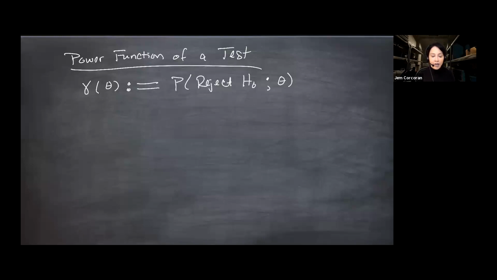And this doesn't mean that theta has to be from the null hypothesis or the alternate. This is a function of all theta in the parameter space. So let's find the power function for the exponential test that we just did based on the minimum.